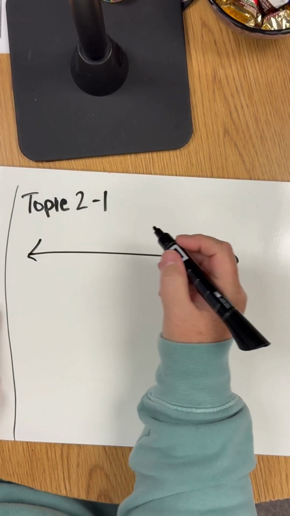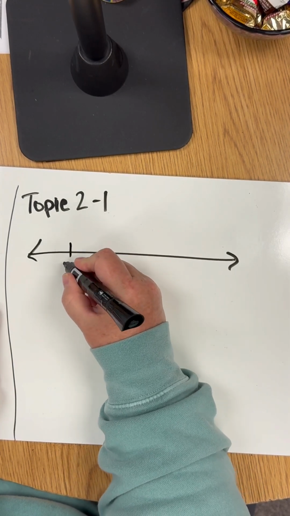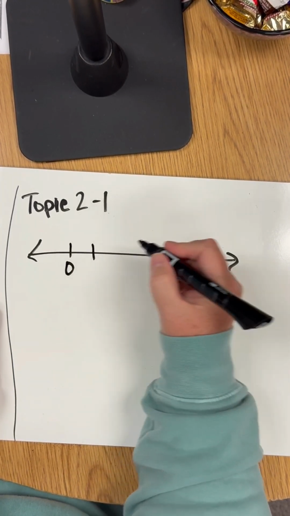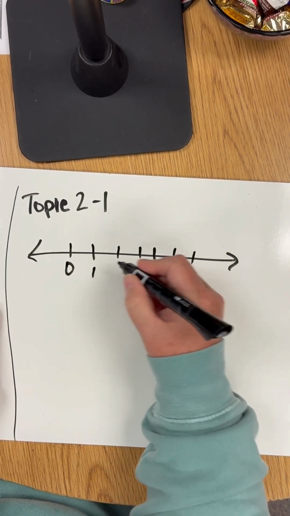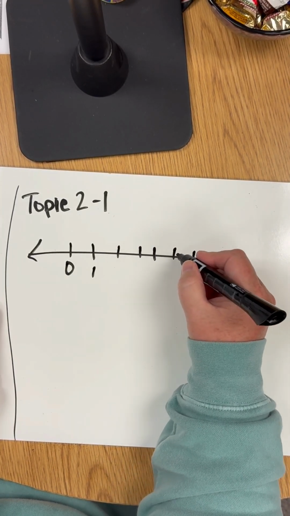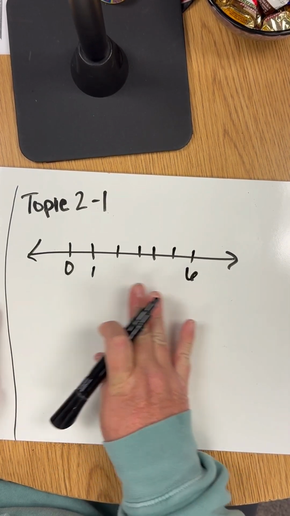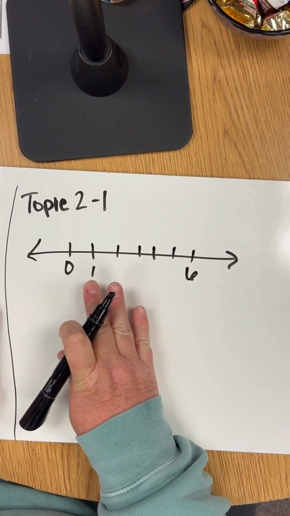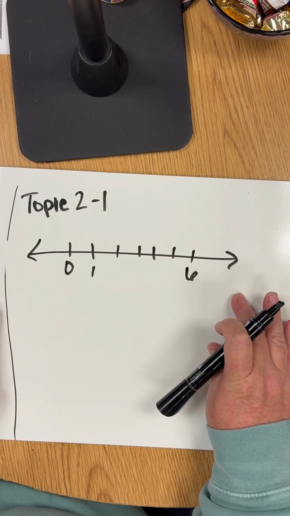Okay, so let's talk about comparing integers. Let's say, and I know this is simple, but let's say I have 1 and 6. Obviously, we would know that 6 is larger than 1, but how could we describe that in relationship to the number line?